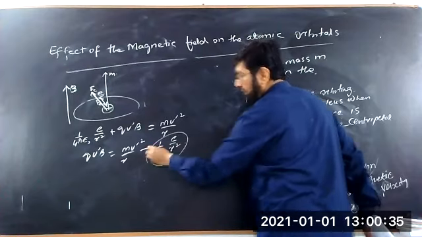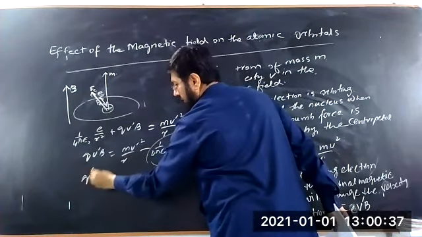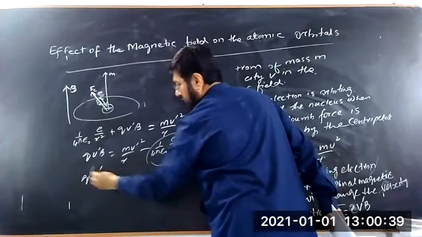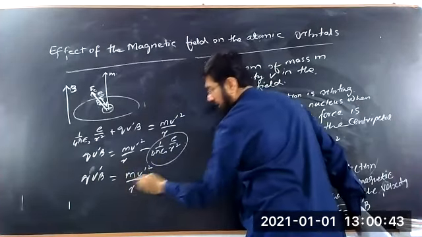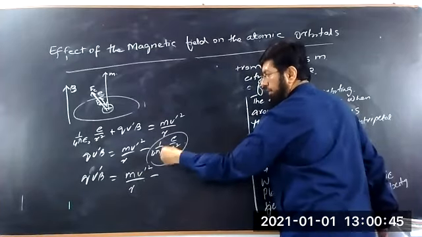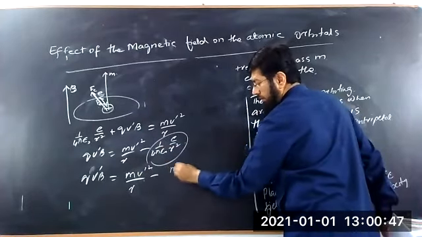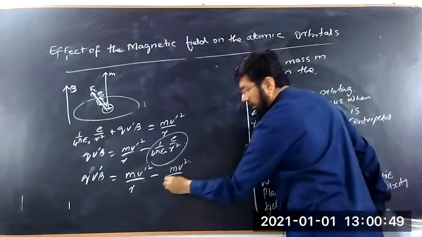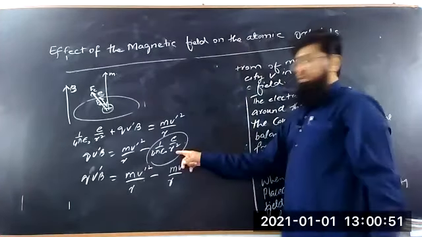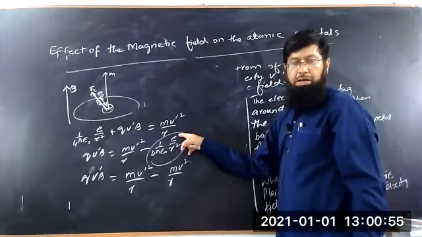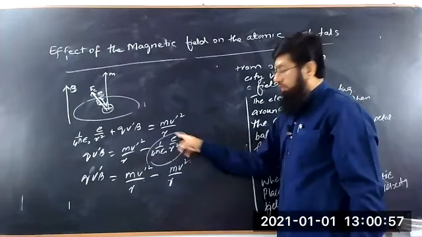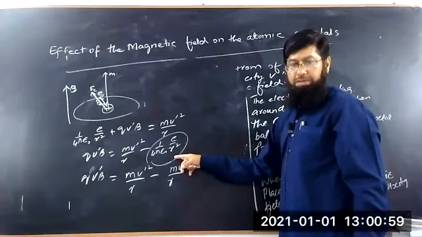QV dash B is equal to mv dash square upon R minus mv square upon R. Because in the absence of the magnetic field, the Coulomb force is equal to the centripetal force.